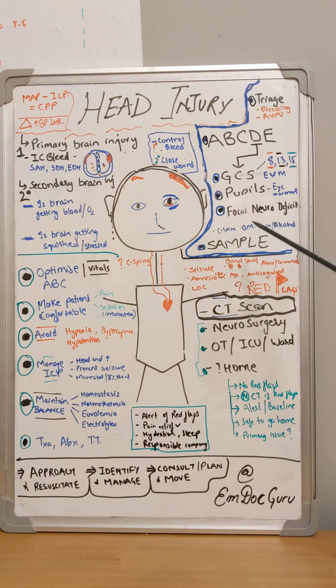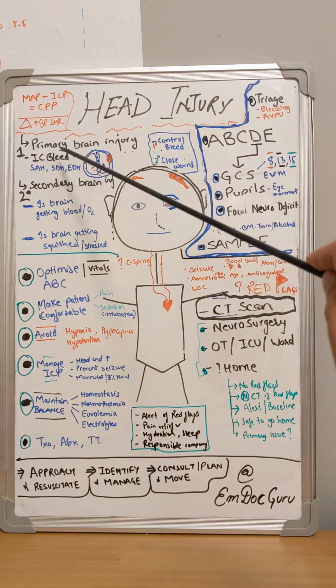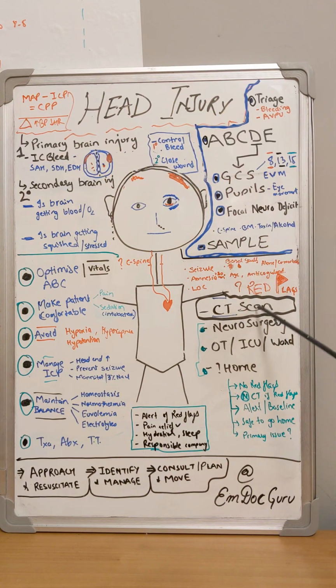It may look a bit complex, but usually if you follow a systematic approach, taking the patient as a whole, and then understanding that controlling bleed is important, wound closure is a later priority, and identifying when to do a CT scan, that's an important thing.